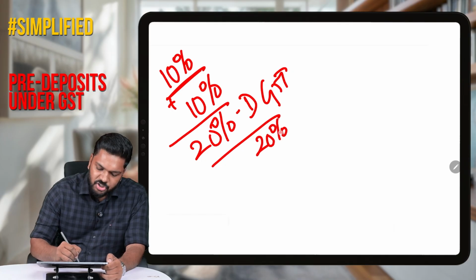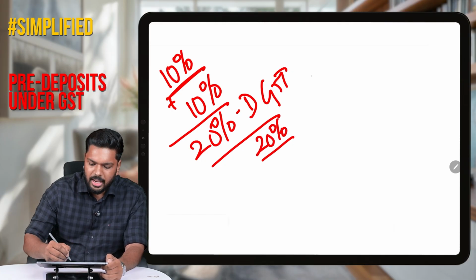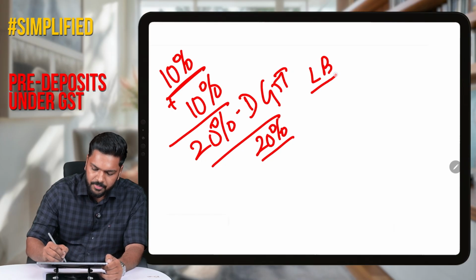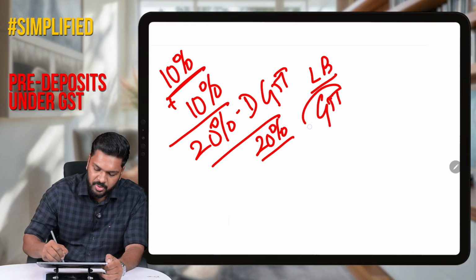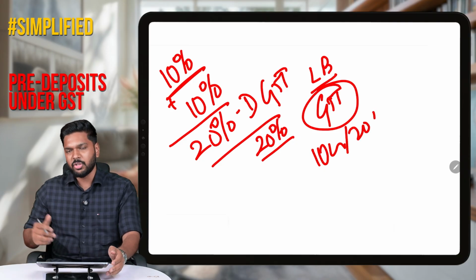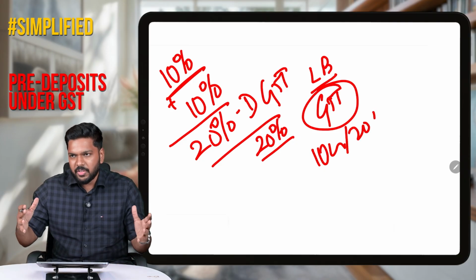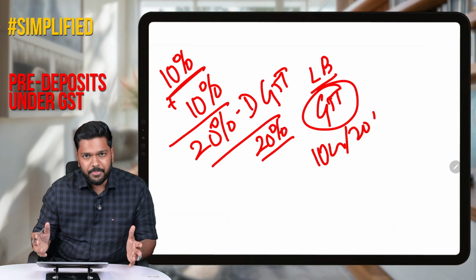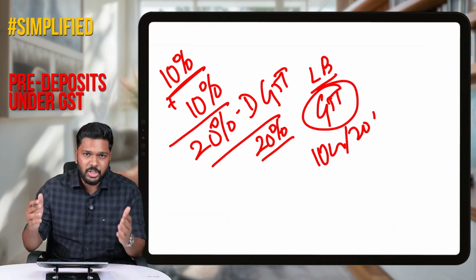Now, if you really look at this, 20% is a substantial amount because for large businesses, you get a lot of GST demand. The GST demand is pretty high. It could be 10 crores, 20 crores, 30 crores, 40 crores and so on. 20% of that is a substantial amount of money and that is a lot of cash outflow.